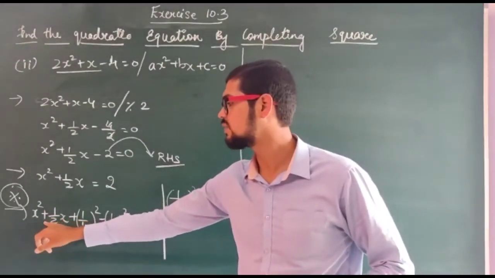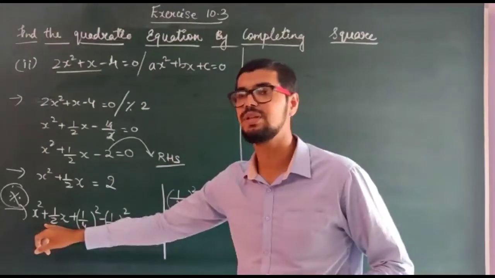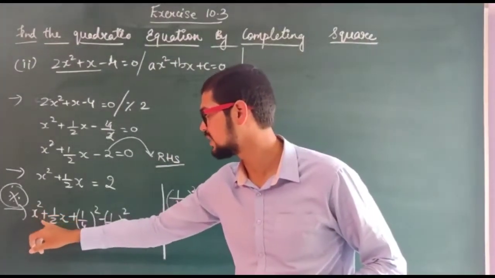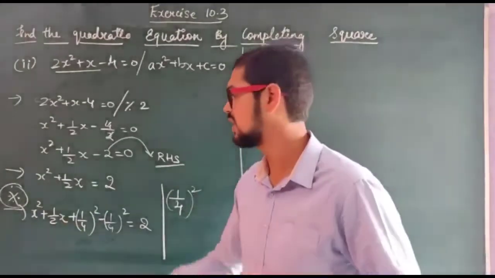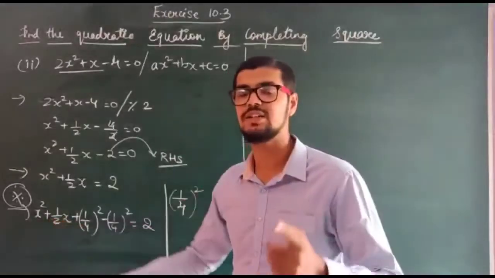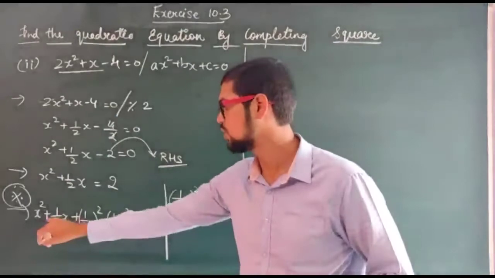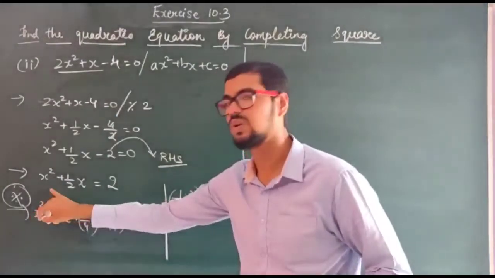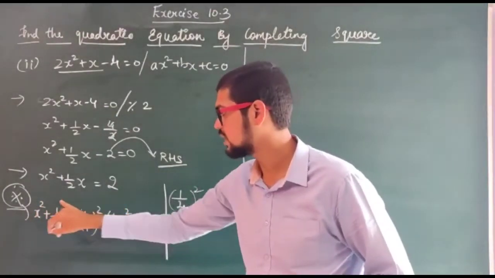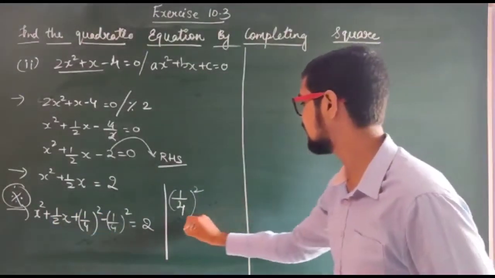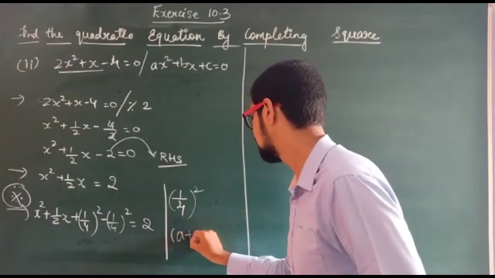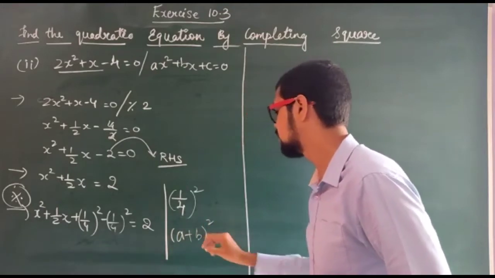Now I have explained to you in my previous problem that if I have a plus sign here, this will reduce to the form (a + b)², and if I have a minus sign here, it will reduce to (a − b)². Now with this, a² + b² + 2ab will reduce to, I will write it over here, (a + b)².